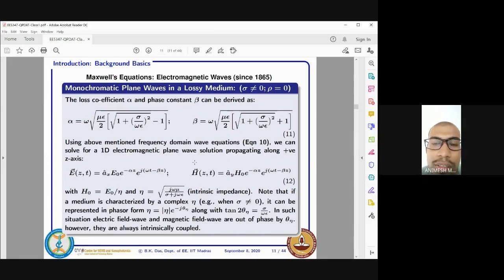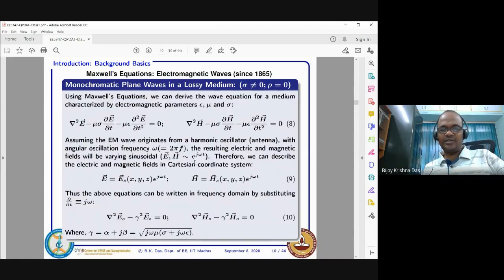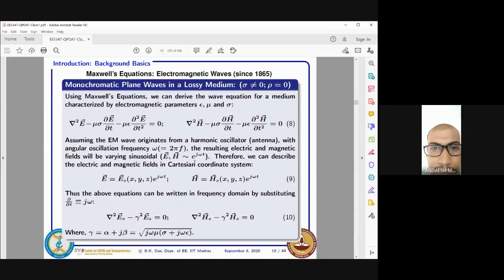So usually we associate a loss with dissipation with a complex term, right, sir? Yes. So in gamma we have alpha plus j beta. So j beta is the complex term, so that should be associated with loss.